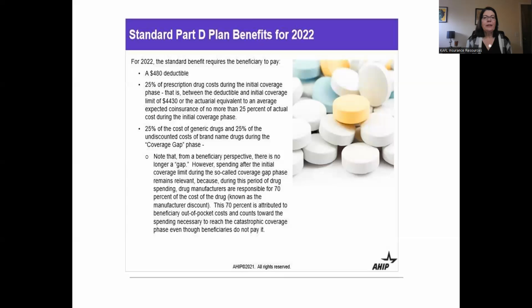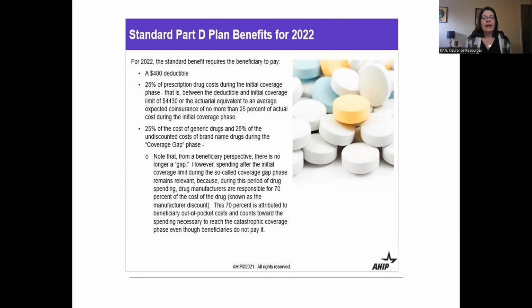Now, we're going to be talking about TrOOP, which is the true out-of-pocket costs. So there is no longer really a gap as far as the beneficiary or the enrollee is concerned, because it's the same percentage, the 25%.